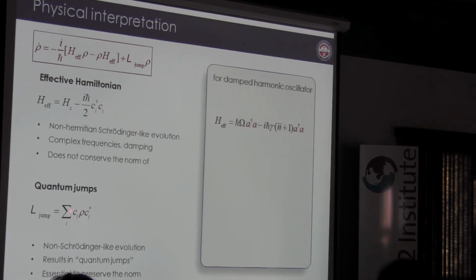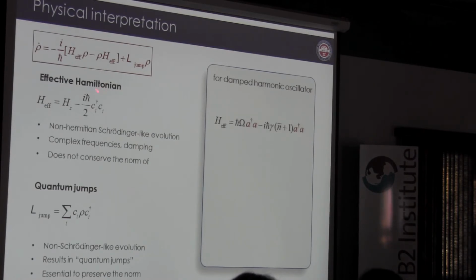Now if we look at the quantum jumps, this is a discrete kick to your system. But when you put these in, you do preserve the norm. You preserve the trace of your density matrix and the norm of your wave function once you add the quantum jumps.